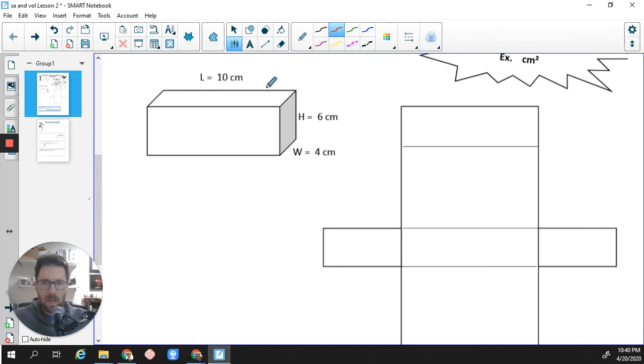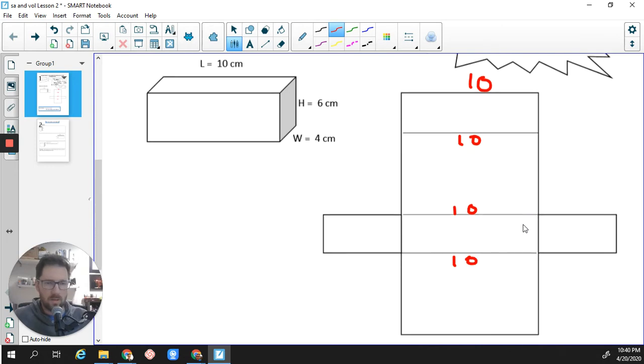This is the long side here. So I can say, okay, this is going to be 10. Now, I can also assume that this is going to be 10, that this is going to be 10, that this is going to be 10. All of those lengths, even down here, this is going to be 10 as well, right? Any of those that are the same. Okay, they're all lined up on the same. They're not bigger or shorter or whatever.